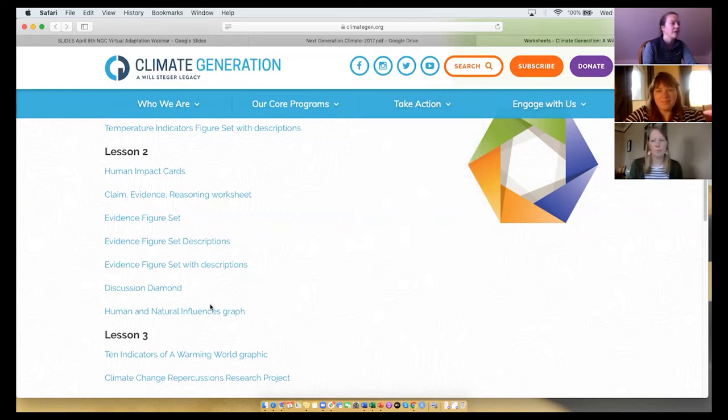Then coming back at the end, we have a human and natural influences graph where students can start to pick apart natural patterns in climate change versus human-induced patterns. That's really important to consider, especially with the connection to greenhouse gases and our contribution through industry or other types of systems that we've created.